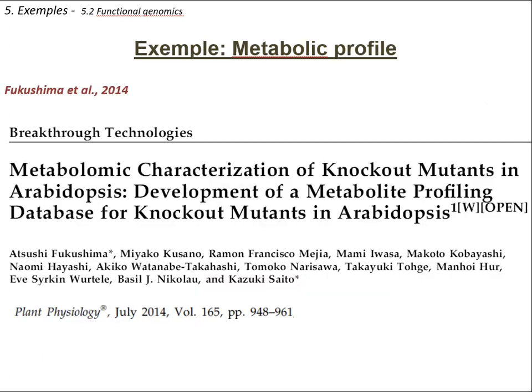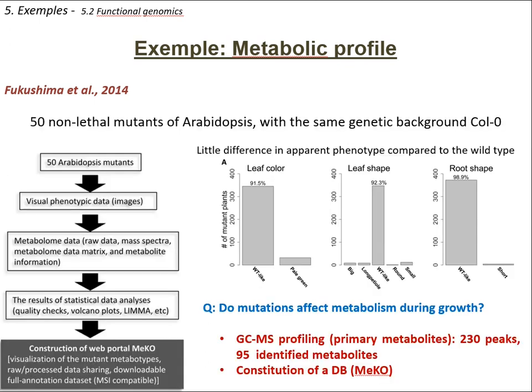So let's see a paper that is working in the functional genomics field. It was published in 2014 in Plant Physiology, and it's named Metabolomic Characterization of Knockout Mutants in Arabidopsis: Development of a Metabolite Profiling Database for Knockout Mutants in Arabidopsis. So the idea is they took a single genetic background, which is named Col-0.